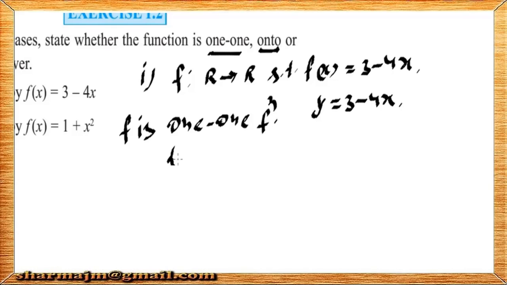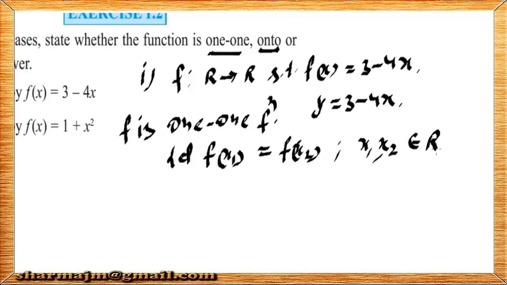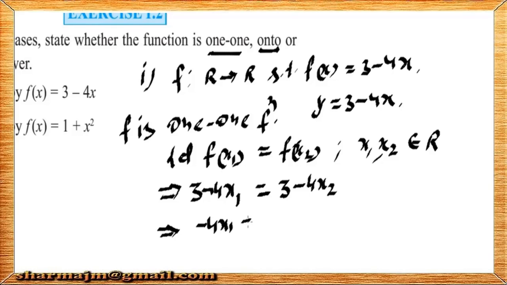Let f of x1 is equal to f of x2 where x1, x2 are in domain. So we take the images equal and apply the definition of the function. f of x1 will be 3 minus 4x1 and f of x2 is 3 minus 4x2, which implies minus 4x1 is equal to minus 4x2.